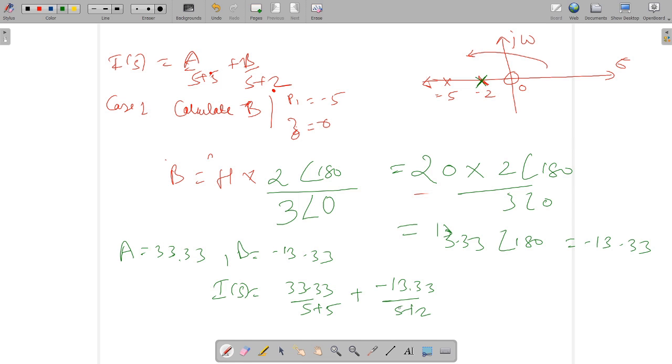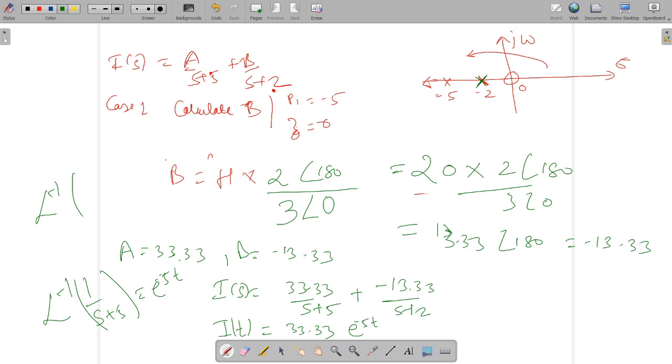Now just take the inverse Laplace transform. After taking the inverse Laplace transform, what are you going to get? 33.33 e to the power minus 5t, because if I want to take the inverse Laplace of this, this will be e to the power of minus 5t.